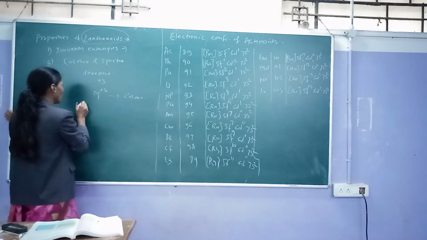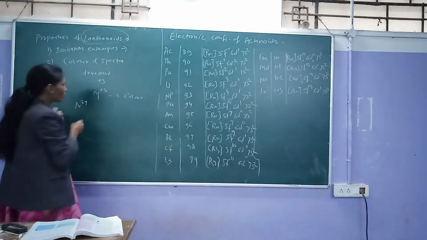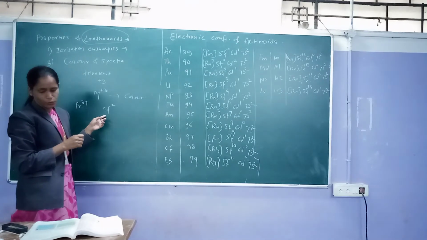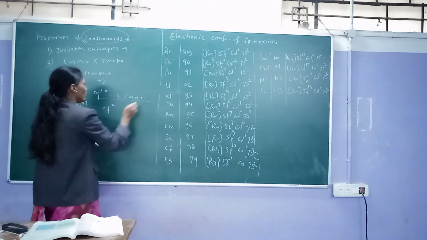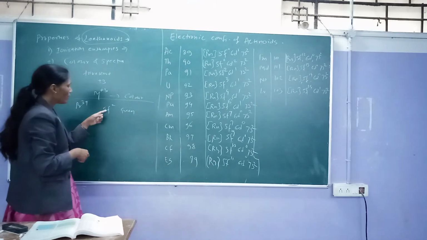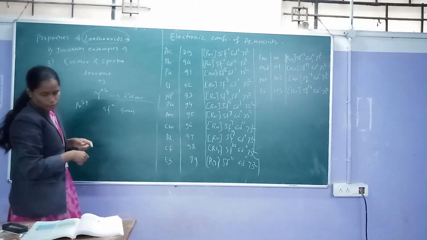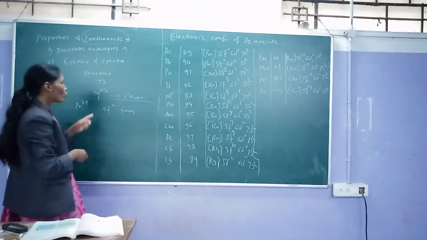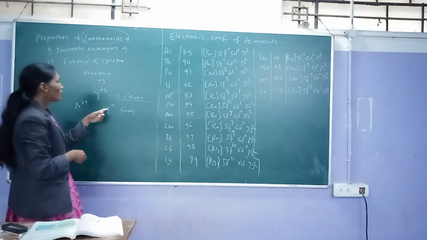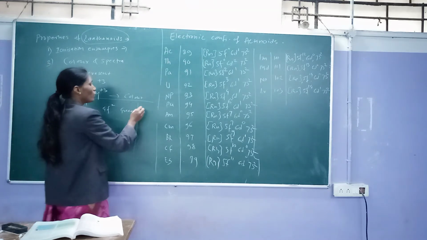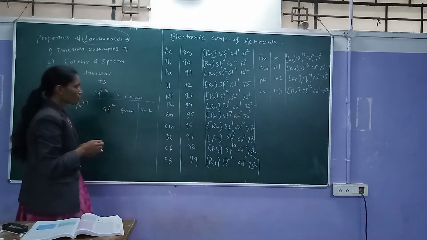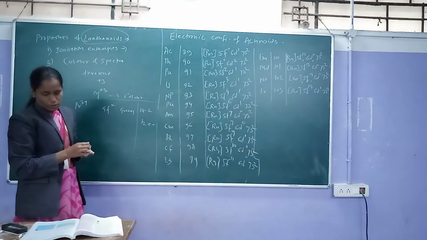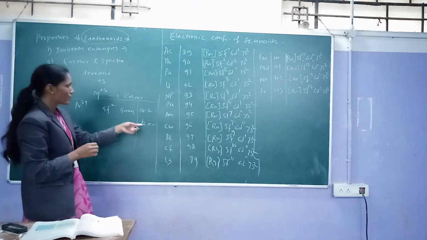For example, promethium 3+: the last configuration is 4f2, and the color of this compound is green, due to 2 unpaired electrons in 4f. The total capacity of the f orbital is 14, so 14 minus 2 leaves 12 empty spaces.